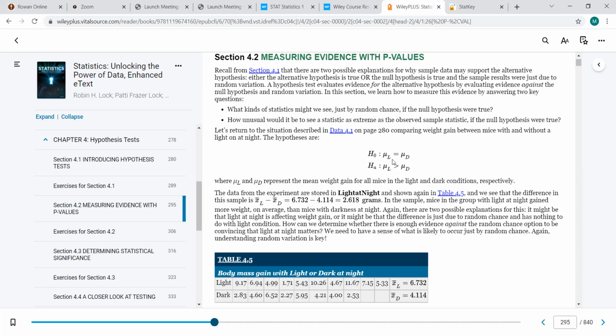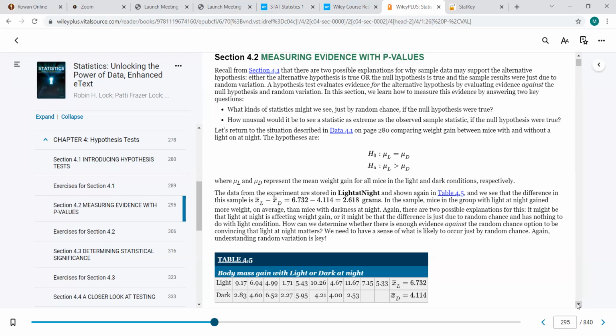The average for the whole population of body mass gain is the same for both the light group and dark group. But the alternative hypothesis is that, yes, light does adversely affect the mice, and we expect the mean for the population for the light group to be greater than for the dark group.